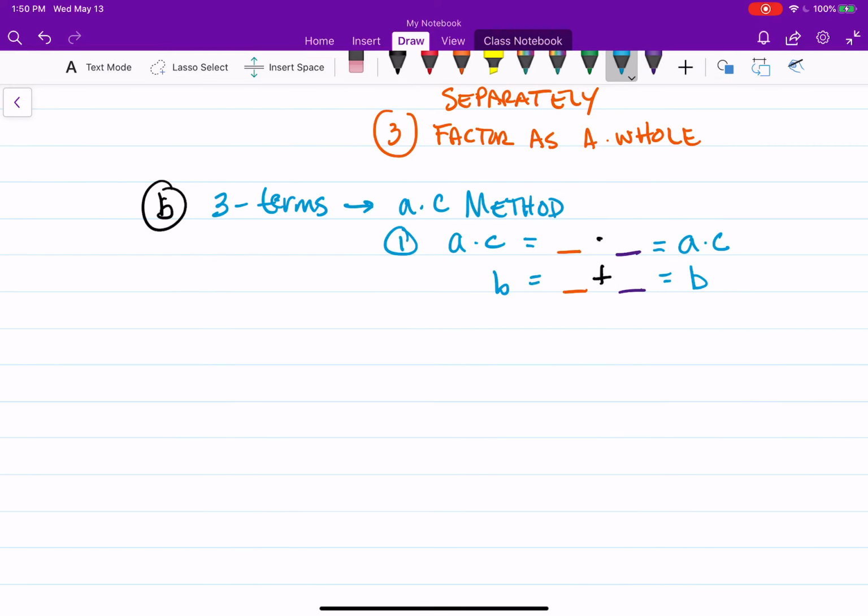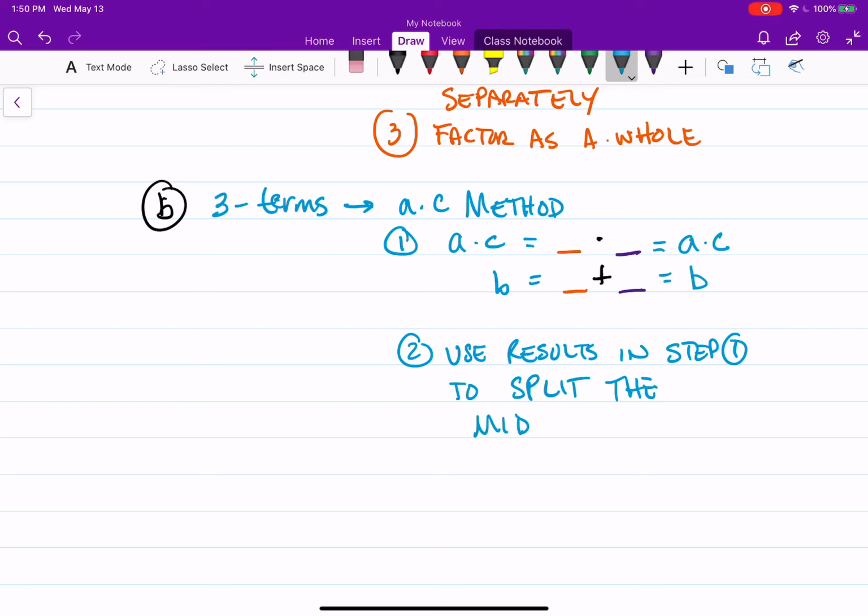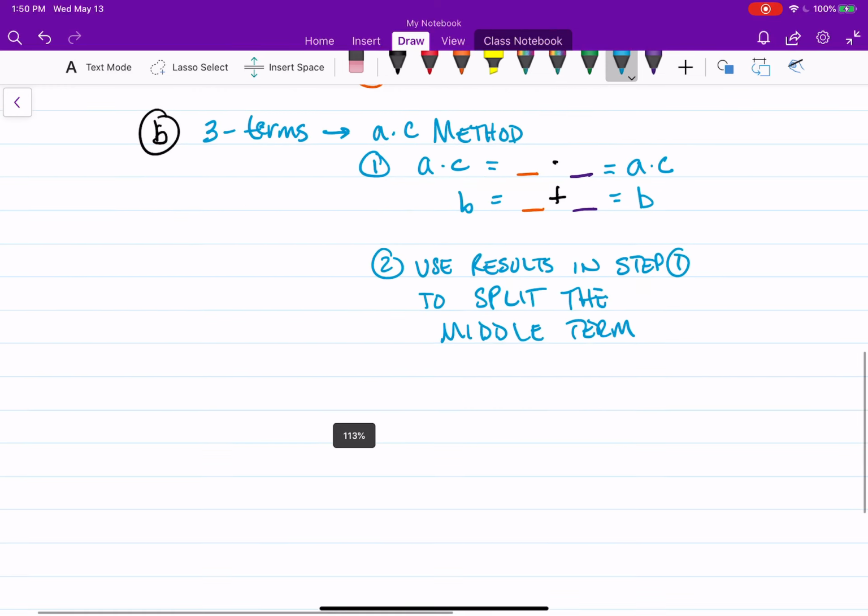And then step 2 was to use the results in step 1 to split the middle term, right?